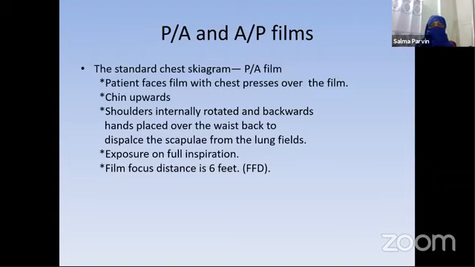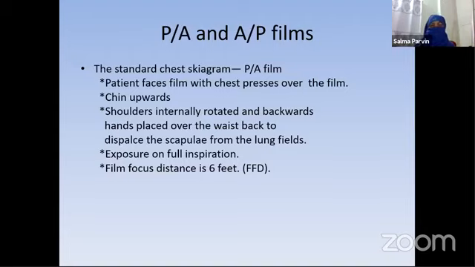Because we know that PA films are taken with the patient standing up, and most patients around really stand up nicely and walk around in the chambers, and almost everywhere in the hospital patients are walking and standing.